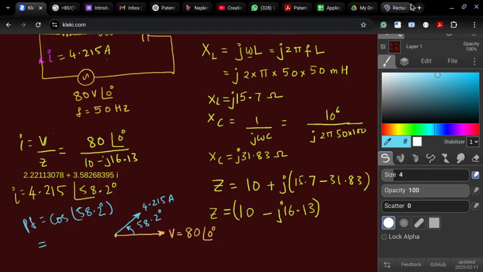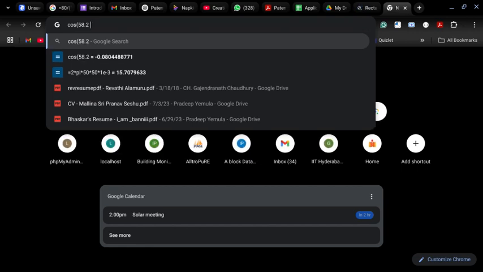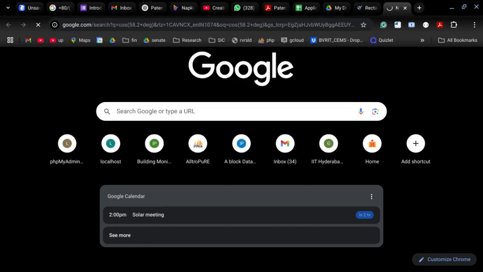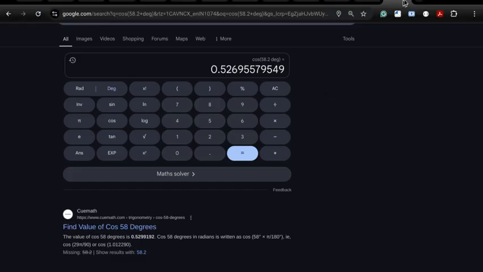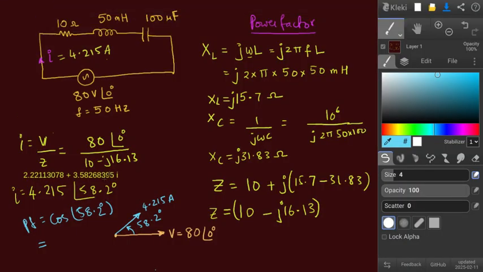Again, you need to use a calculator, and here you need to be careful. Most of the time, unless you specify degrees, calculators do not consider degrees. In this case, Google is doing a good job. 0.5269, or 0.527, is the power factor.